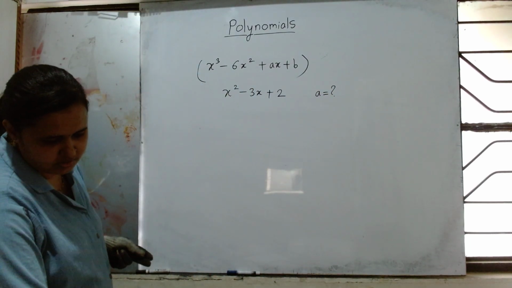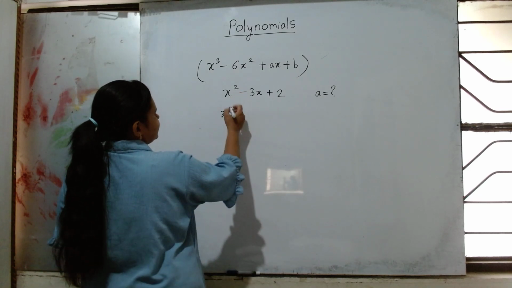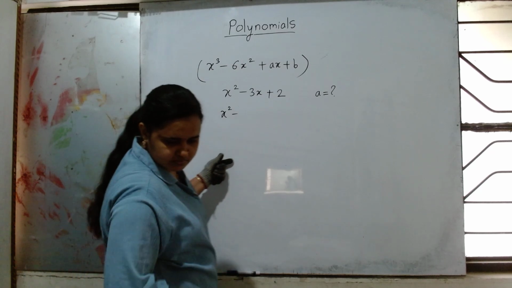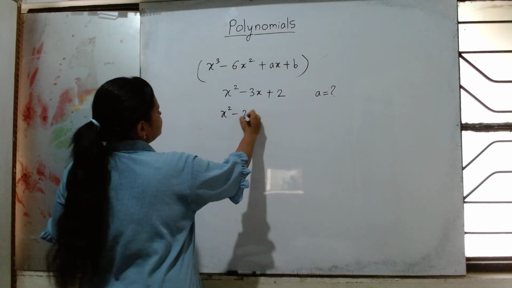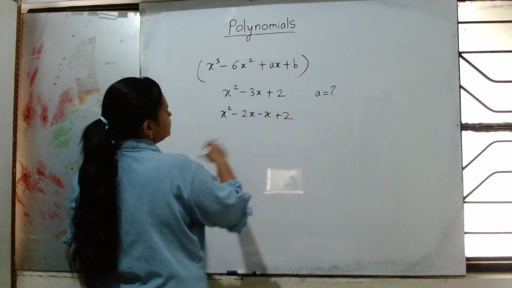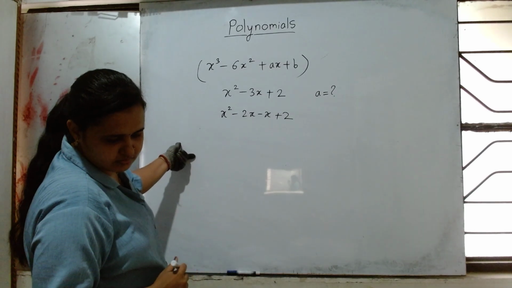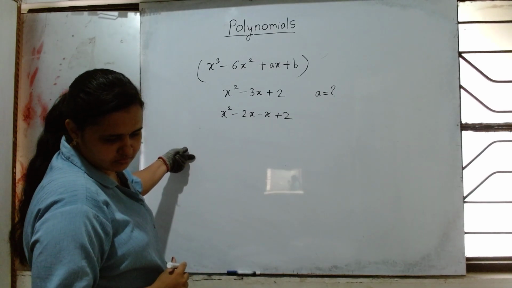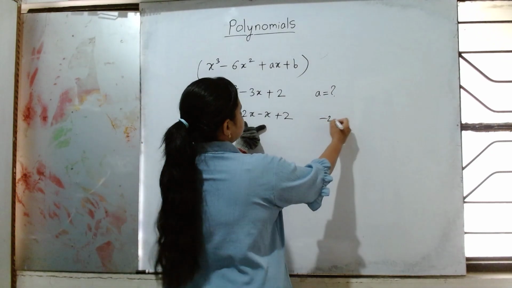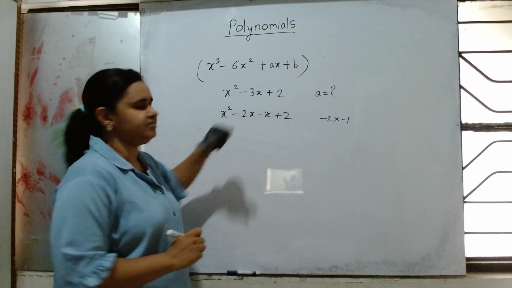So we will just split this expression, x square minus 2x minus x plus 2. The multiplication of minus 2 and minus 1 is 2, and minus 2 minus 1 is minus 3.